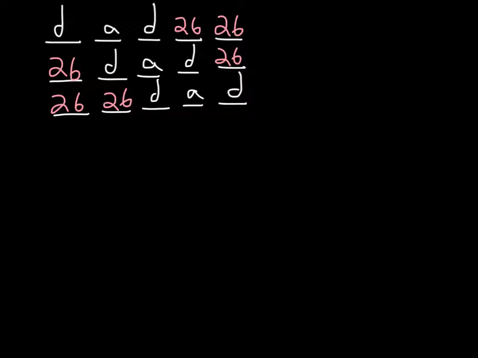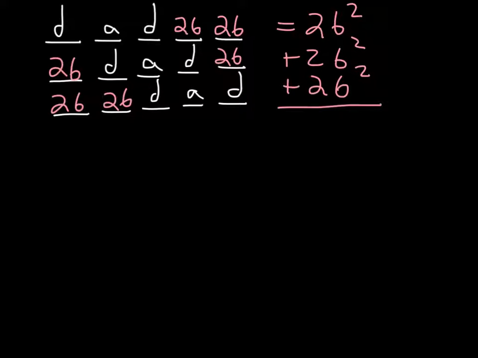So this is going to be 26 squared plus 26 squared plus 26 squared. And if I work that out, I get 2028. So, by this calculation, there are 2028 words that contain the letters DAD in order like this.